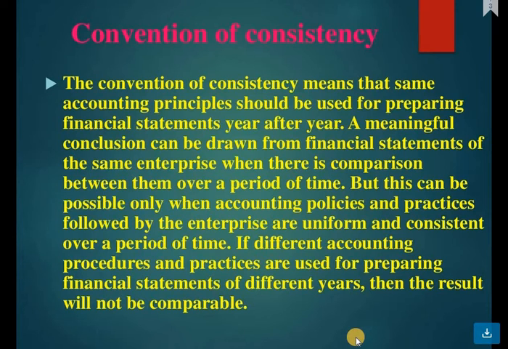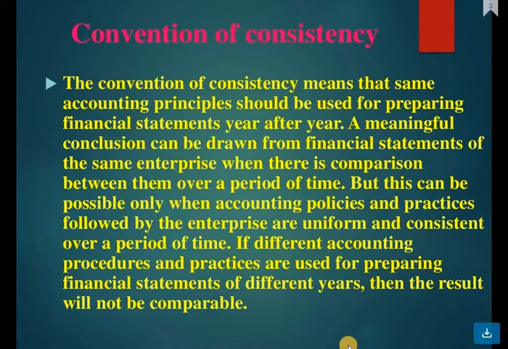So consistency means the same thing should be followed, whatever the standard, whatever the accounting principles we have followed, that should be followed year after year. There may be some changes we can do, but the overall financial statement should not be changed from year to year. This says there should be consistency in the principles you are following.